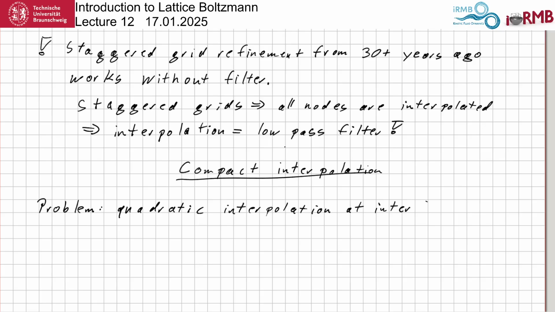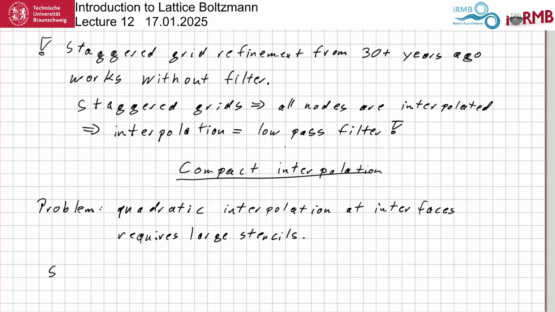So, quadratic interpolation requires large stencils, and this is of course a problem. This costs money, it's difficult if you are close to a boundary condition and so on. So this is not something that you want to have.